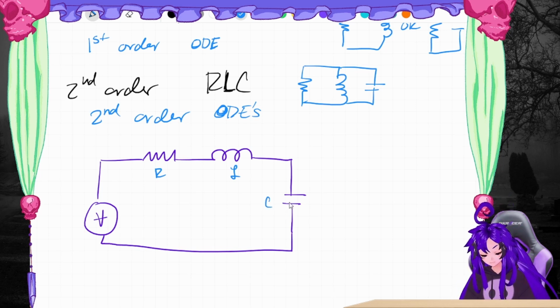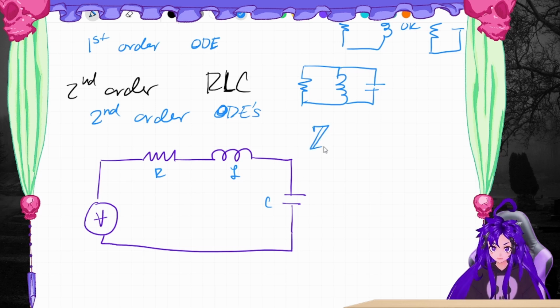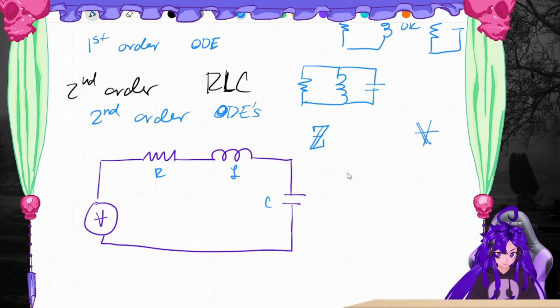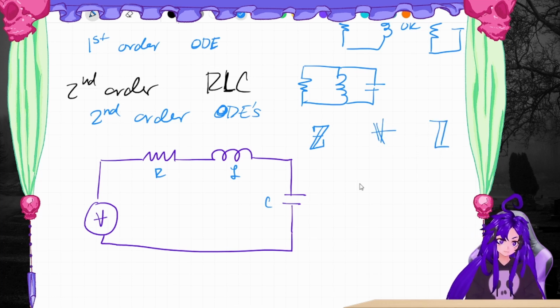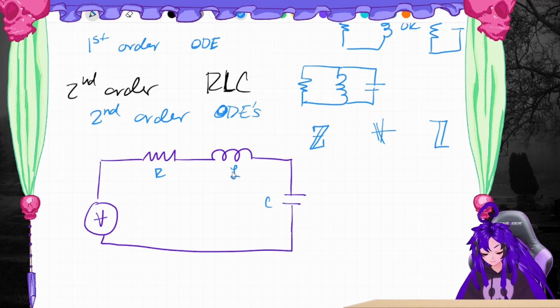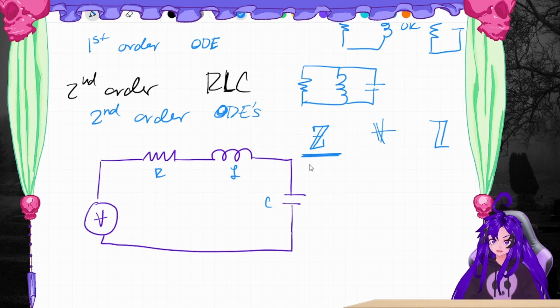And we have characteristic impedances for them, and we also have characteristic voltages for them. We might have a voltage. We might have a current. I'll tell you this: inductors don't really care about voltage. They care about the current. But all of them have impedance, so we can talk about that.